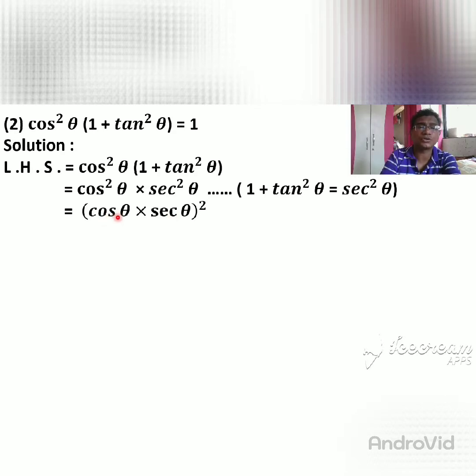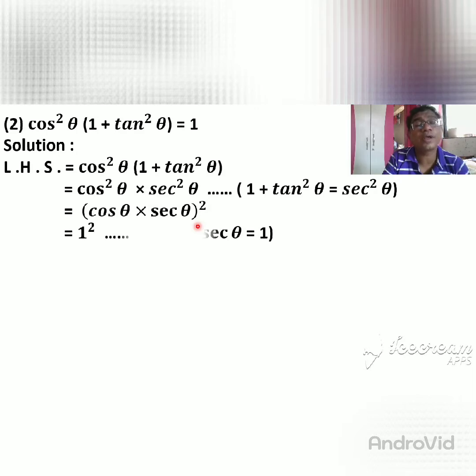This step is written with a square shown as a bracket, but the meaning is the same. If some of the students keep cos square theta into sec square theta as it is, no problem. Here they are doing cos theta into sec theta, bracket square.